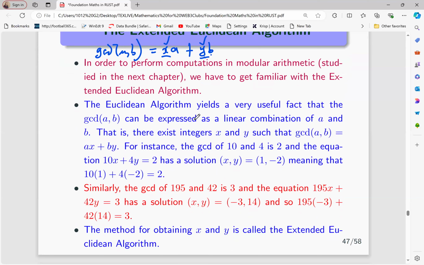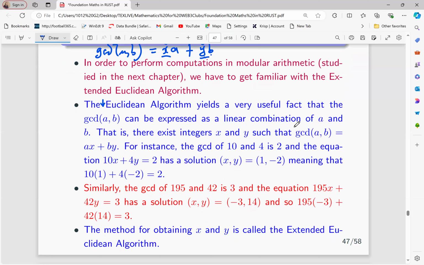Now, the extended Euclidean algorithm yields a very useful fact: that the GCD can be expressed as a linear combination of A and B, if those two integers exist.